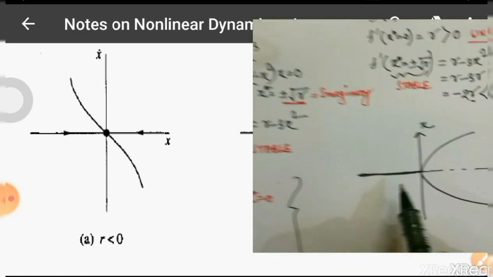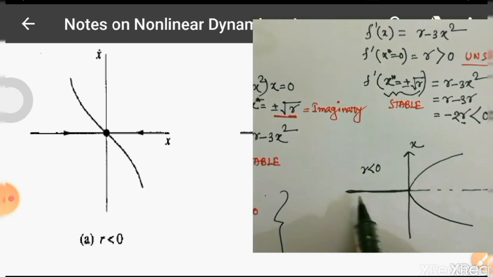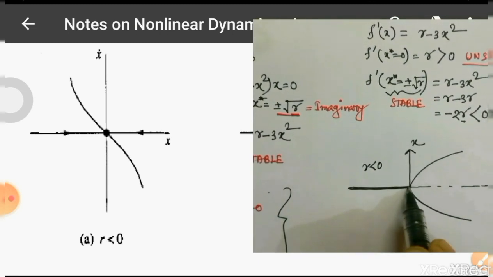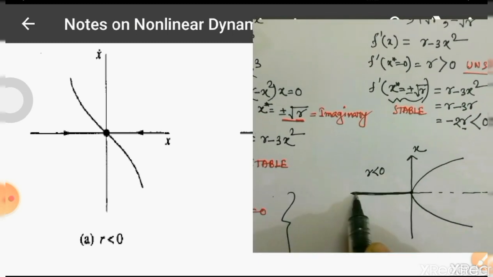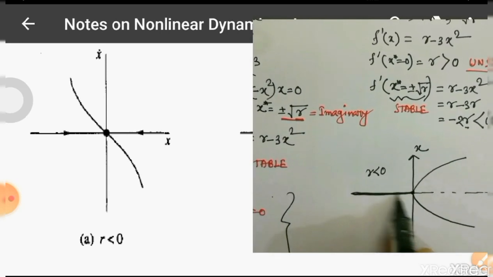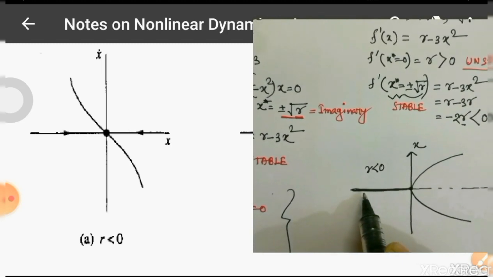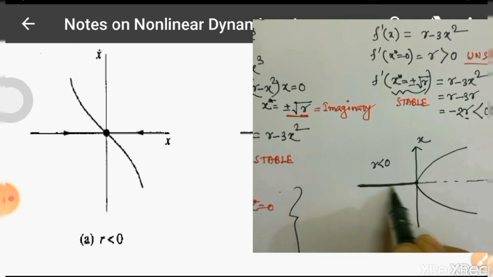That is why for the r less than 0 part, the only fixed point is at x equal to 0. Therefore, the fixed points will be plotted along this axis where x is 0, and since these are stable fixed points, they are represented by a solid line.